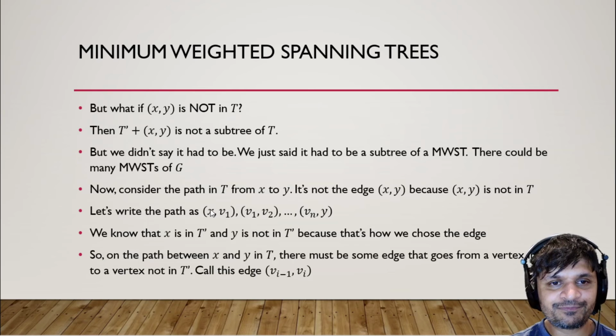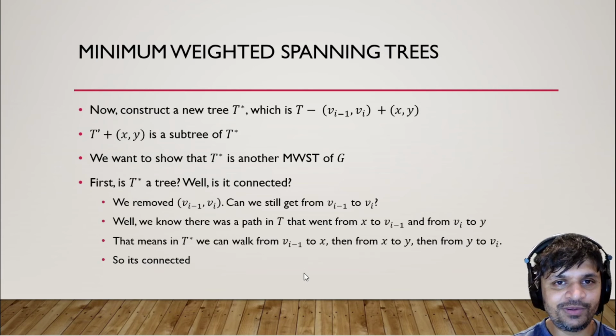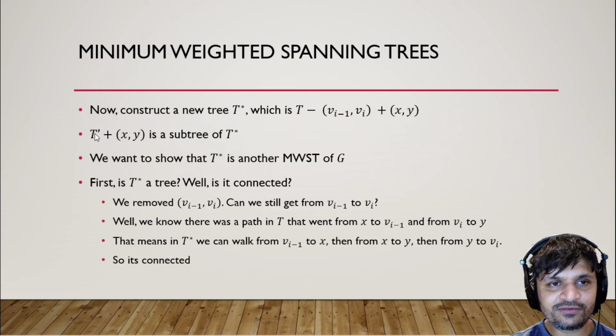This edge, the first one on the path between x and y that actually left T prime, will now be removed, and instead we're going to add xy. Now the point is, when we construct this new tree T star, we know that T prime plus xy is a subtree of T star.